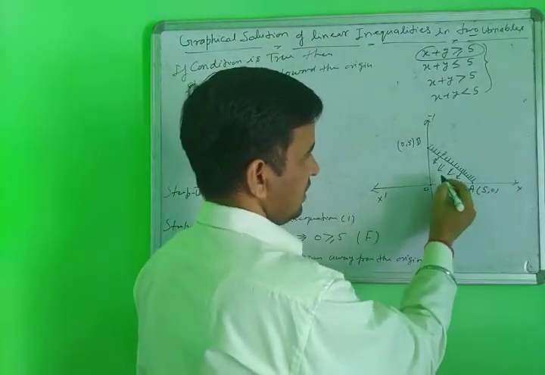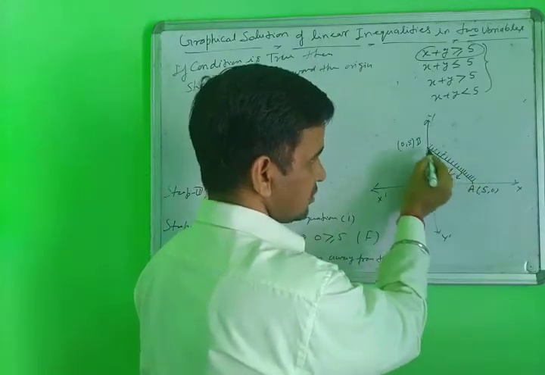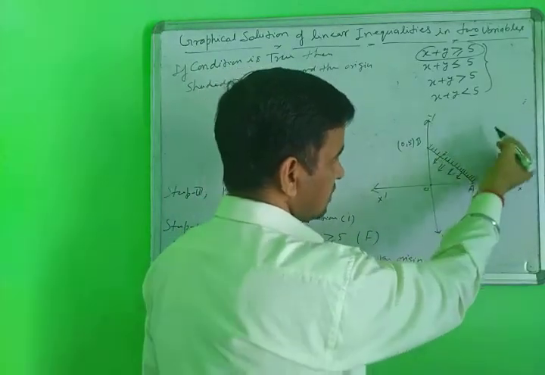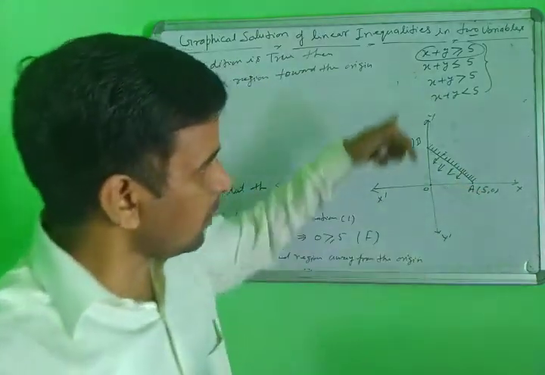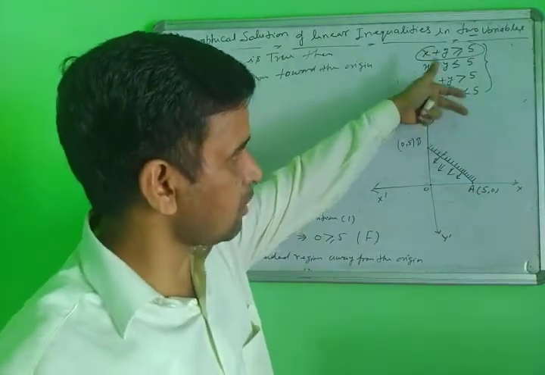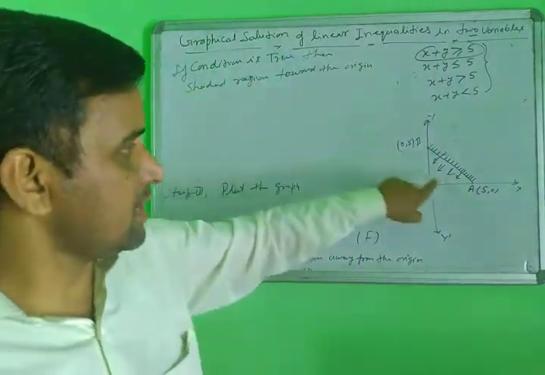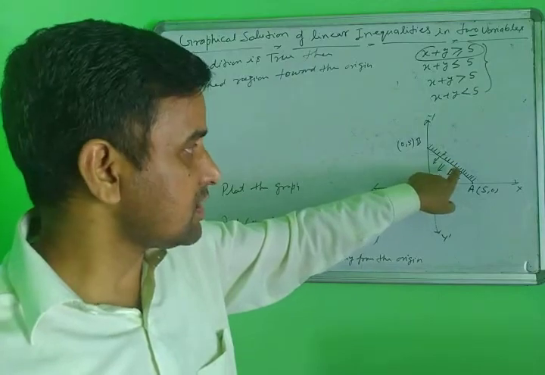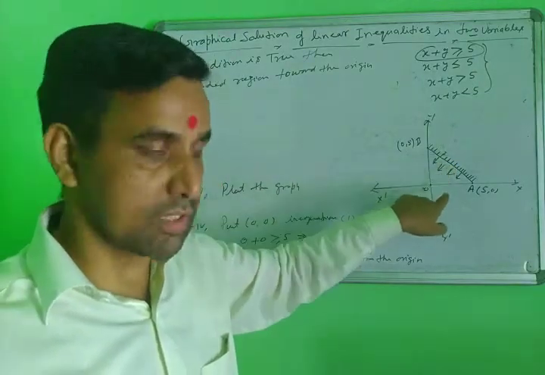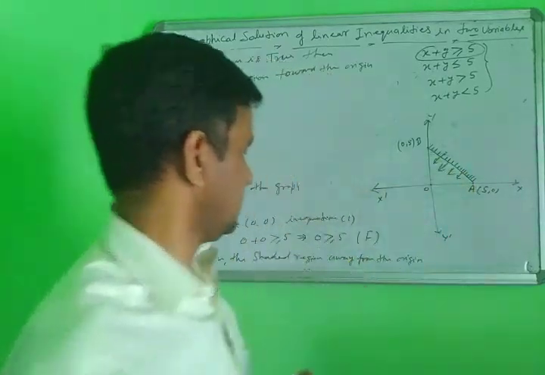When it's on this line, this is the solution line, away from the origin or toward the origin. When the condition is false, then away from the origin, outside of the origin. When the condition is true, then the solution region is toward the origin, meaning inside of the origin.